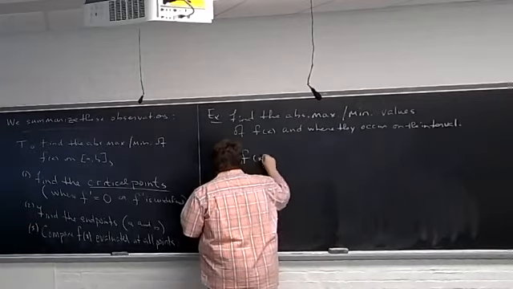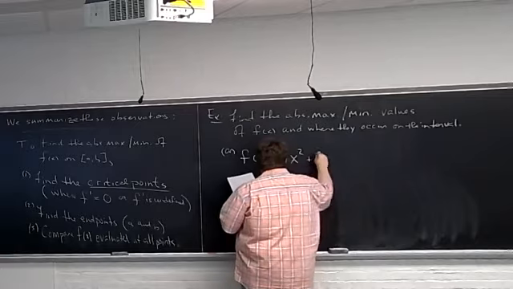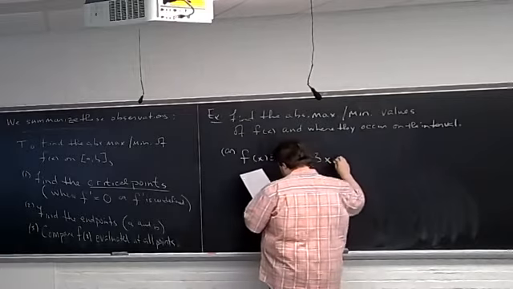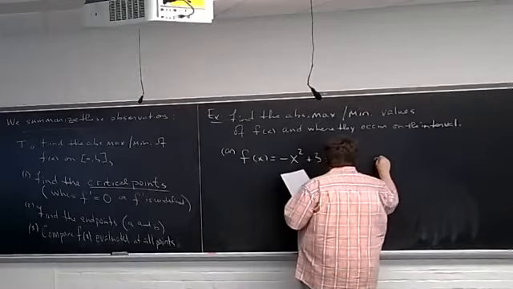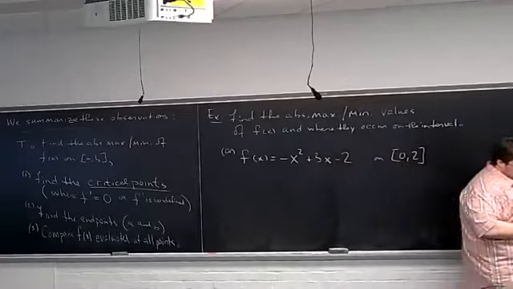Okay. a, f of x equals negative x squared plus 3x minus 2 on 0 to 2.